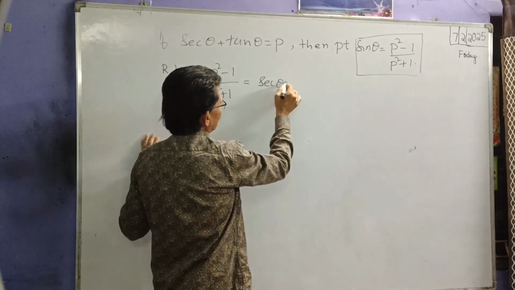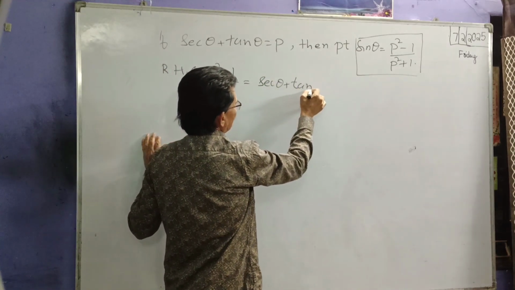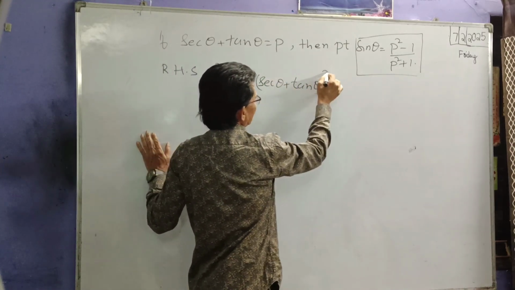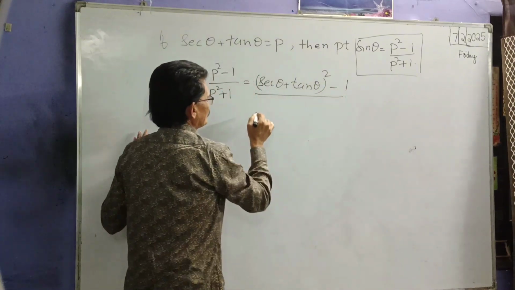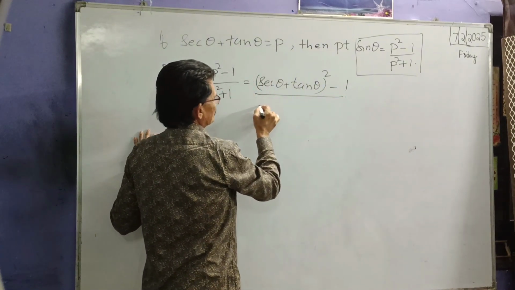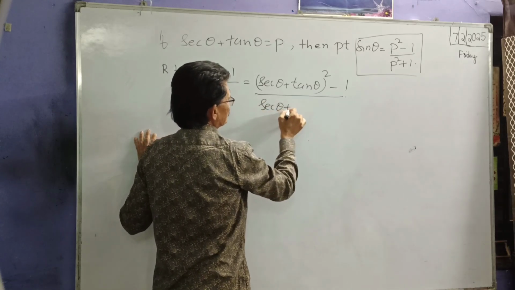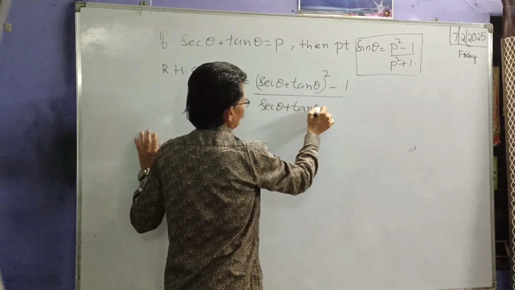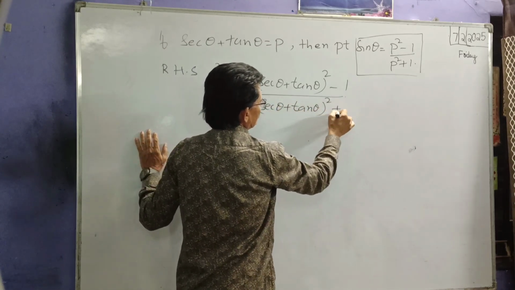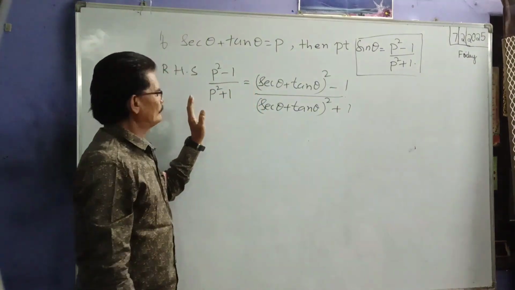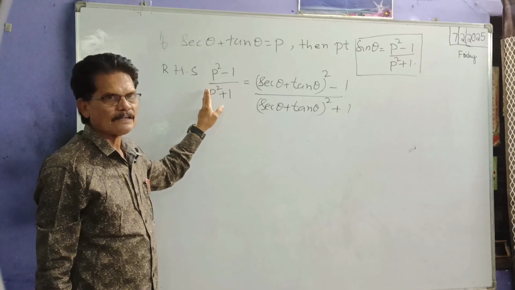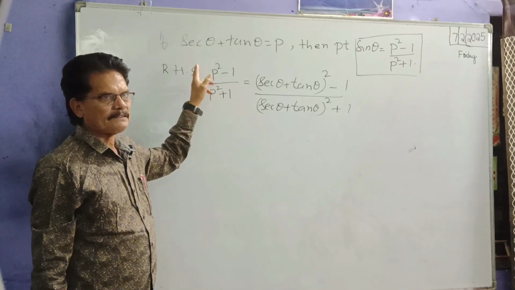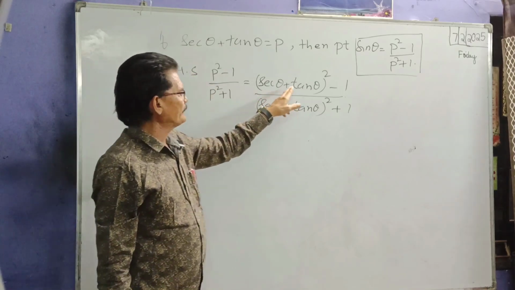Sec theta plus tan theta whole square minus 1 by sec theta plus tan theta whole square plus 1. The first step only we have substituted the value of P. Now we have to complete the square.